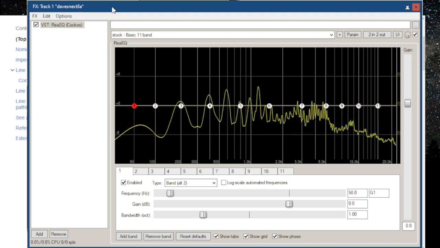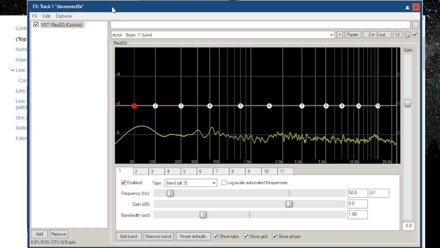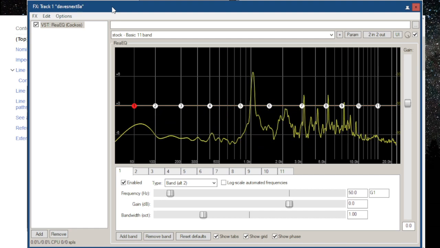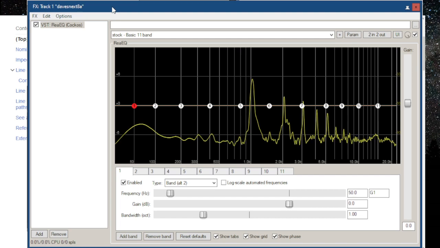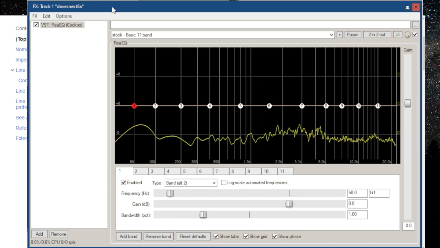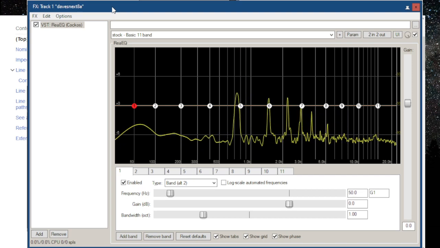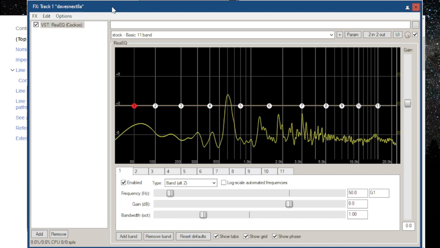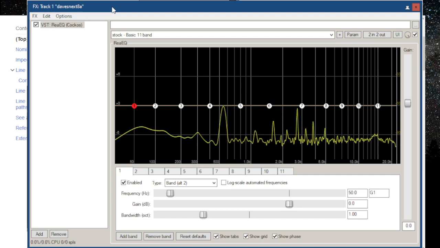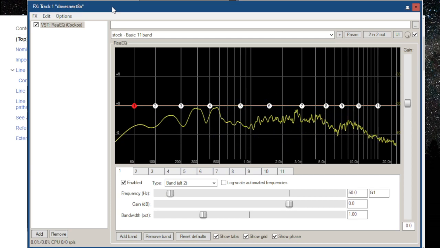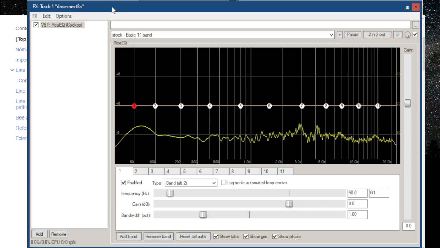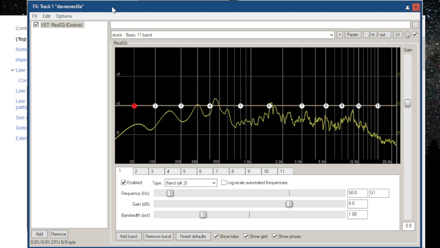So that's pretty close to 1 kilohertz, that note. The harmonics are actually changing from note to note, which is kind of interesting.